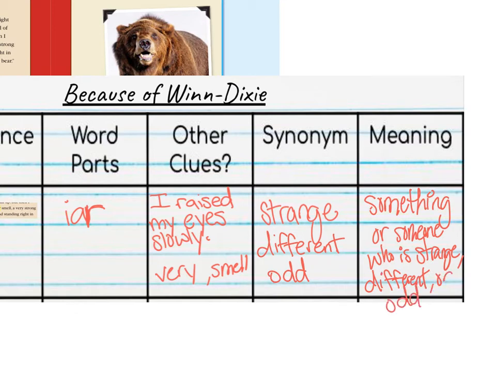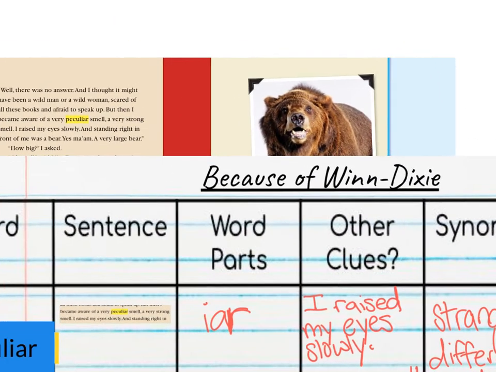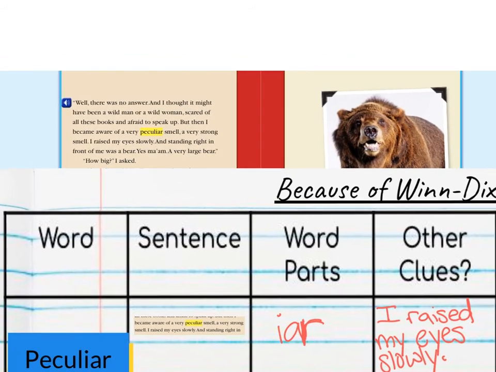So it's describing the smell. So notice how I said something that is strange, different, or odd. So this smell she's smelling is a very odd smell. So notice how important that is when I'm thinking about what's happening to the character, as well as trying to figure out what that word means.